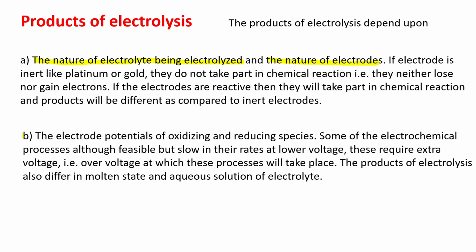Some electrochemical processes, although feasible, are slow in their rates at lower voltage. These require extra voltage, an overvoltage, at which these processes will take place. The products of electrolysis also differ in molten state and aqueous solution of the electrolyte.